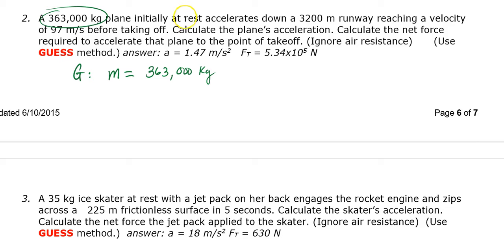The next number is actually this number here. Right? Its initial velocity is 0. And that number is more important than most people give it credit. It's actually pretty important. Okay, the number after that is 3,200 meters. And what quantity is that?